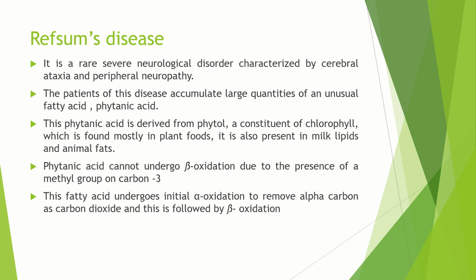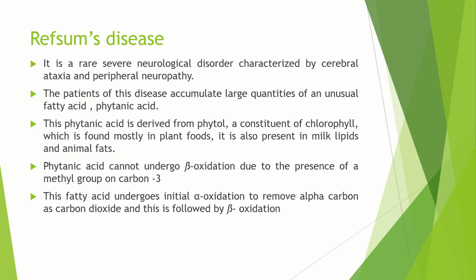And another one I would like to discuss here is Refsum's disease. Refsum's disease is also a rare severe neurological disorder which is characterized by cerebral ataxia and peripheral neuropathy.